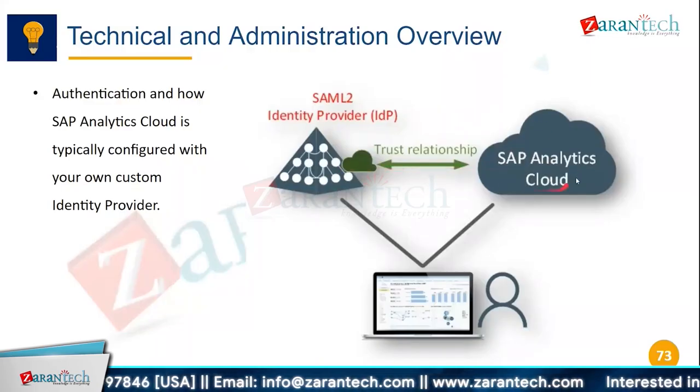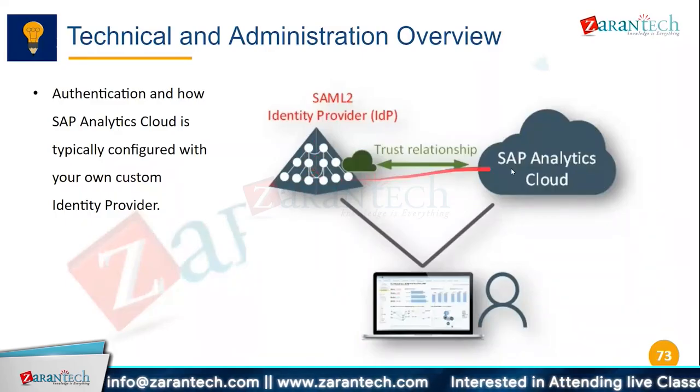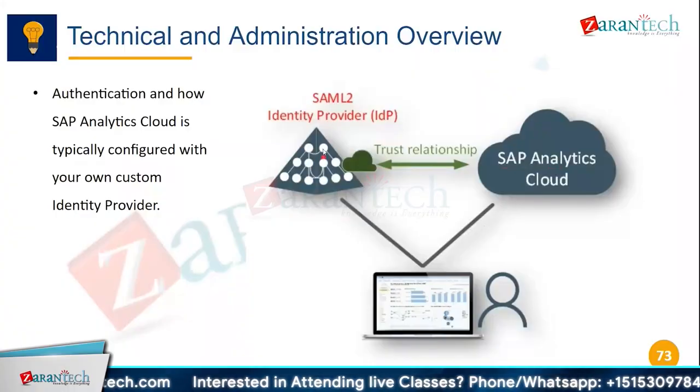So whenever a user is created here, it will go and check whether the user is already there. Only if it is available will it create the user, and through that they will be able to log in. The same applies here: whenever a user is created, it will automatically be created for SAC. So whenever you onboard a new employee, you create a new user ID for him in the SAML identity provider, then he opens the SAC link.